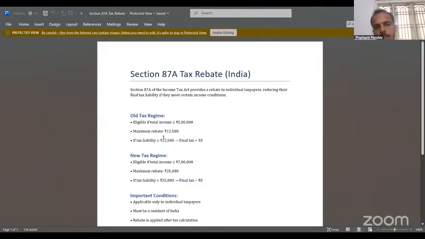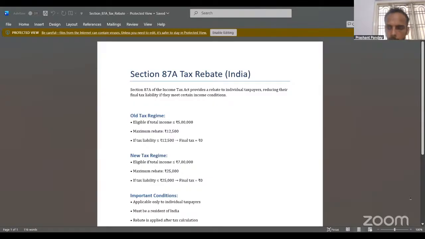Before we go for this rebate, we have two tax regimes going on parallelly as of now. That is the old regime, which is in effect, as well as the new regime. Under the old regime, if the total income is less than or equal to 5 lakh, the assessee can get a maximum rebate up to 12,500.